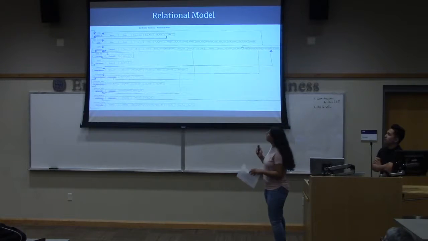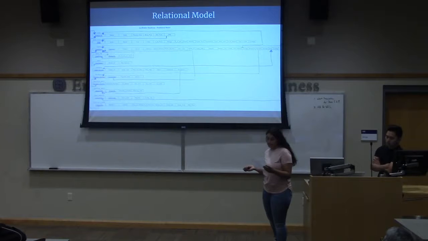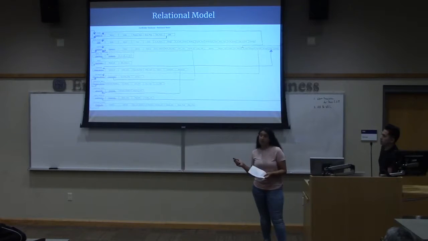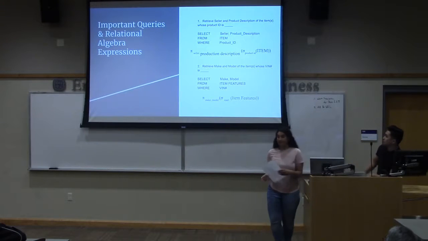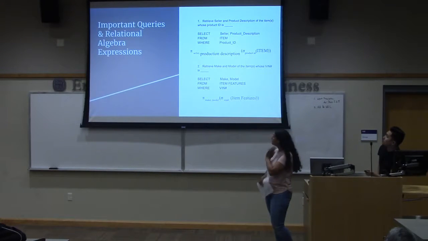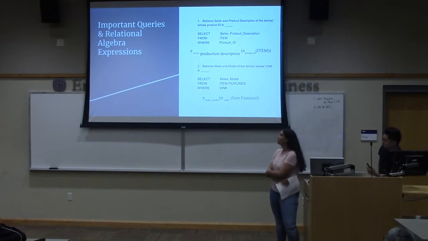And then using this relational model, we've created queries and relational algebra expressions. So here are some examples of the queries that we did. For one, retrieve the product descriptions of the item whose product ID is given.